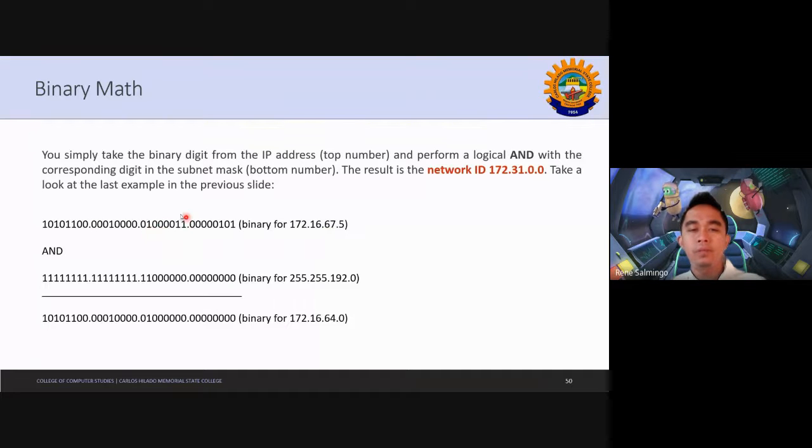67 is the value here, and this is 172, and this is 16. Now you have 192, and you're just going to copy 255.